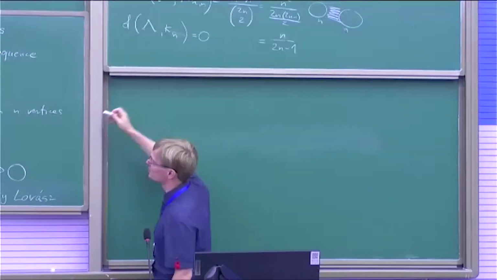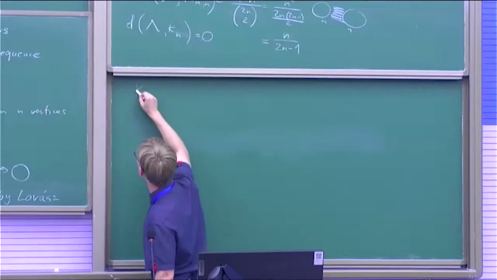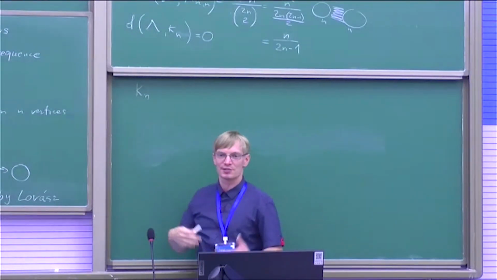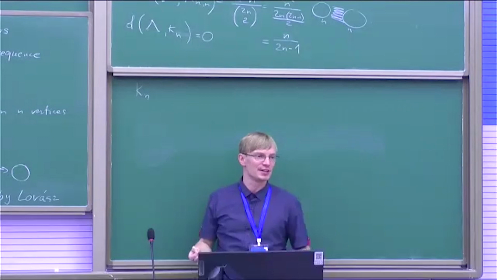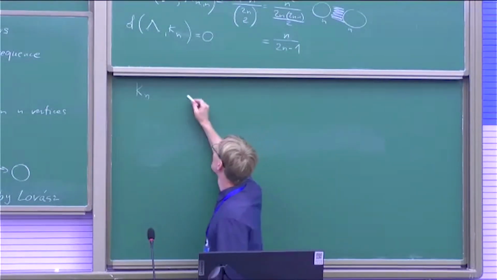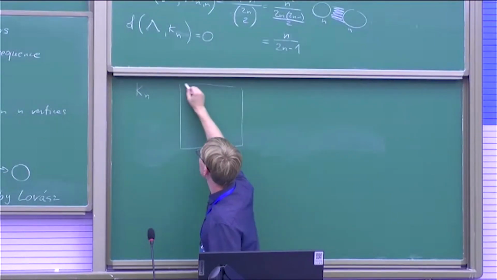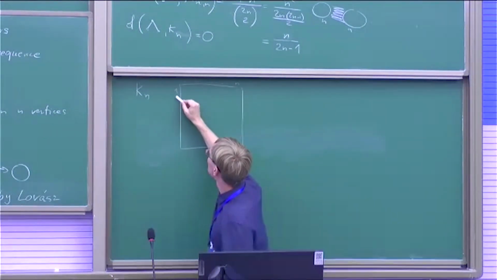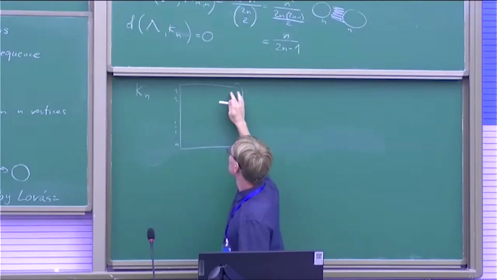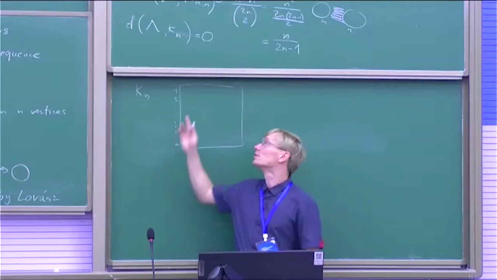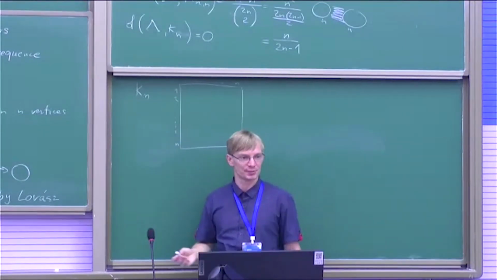If I have a sequence of graphs, for example K_n, then I can associate with every graph an adjacency matrix. You know what the adjacency matrix is. On each place of the matrix, I'm putting 1 if the respective vertices are connected.